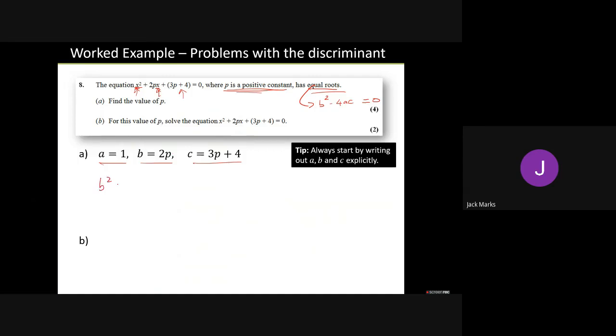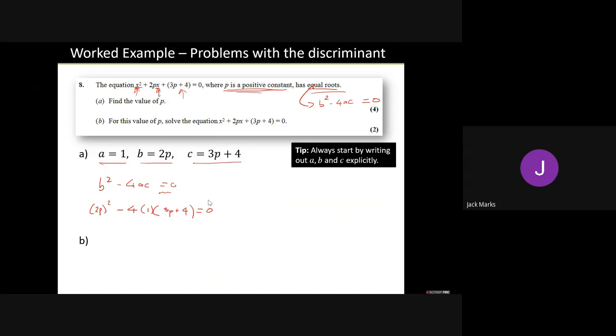If you do this, you should be able to write some kind of formula and solve something. So b squared minus 4ac equals 0. B is 2p, so 2p squared, and you'll get marks, by the way, for having this understanding of the correct sign and substituting in. Minus 4, a is 1, and c is 3p plus 4, and is equal to 0.